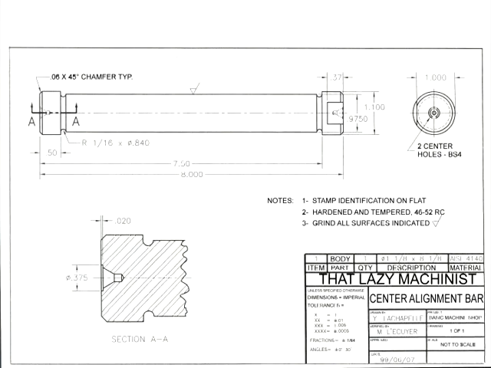But that protruding center is quite small, so we've added this detailed view in order to amplify those small details and permit us to show them properly. But be careful, this is not a bottom view because it's not part of the projection. It doesn't align with the rest of the drawing, and it's not at the same scale as the rest of the drawing. So it's a detailed view, yes. It's a section view, yes, but it is not a bottom view because it's not part of the projection.